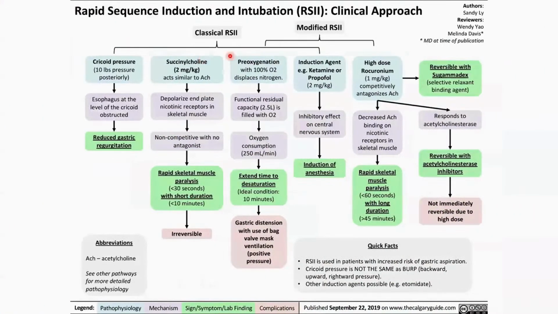Rapid sequence induction entails the use of succinylcholine, which is a depolarizing muscle relaxant. You have to pre-oxygenate the patient and give an induction agent. You can choose; there are a couple of induction agents we have. There's ketamine and propofol, which are probably more popular, and there's also etomidate that you could use.